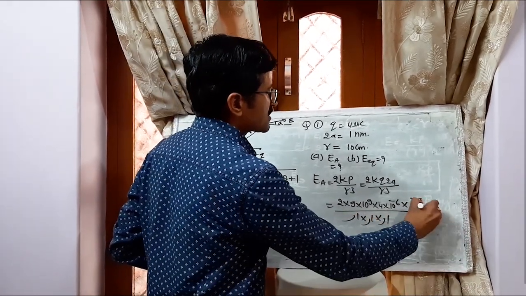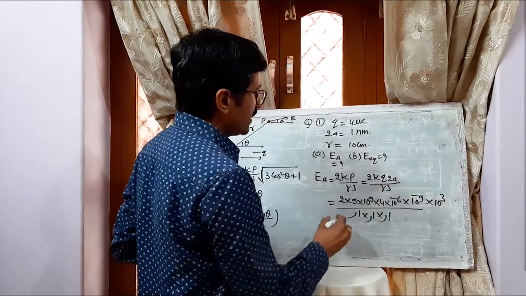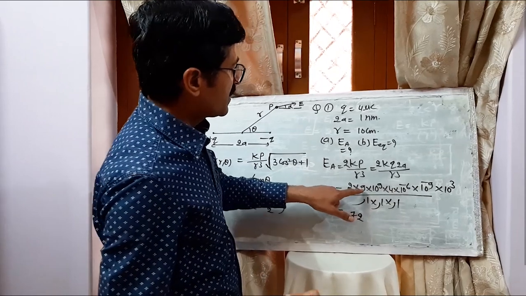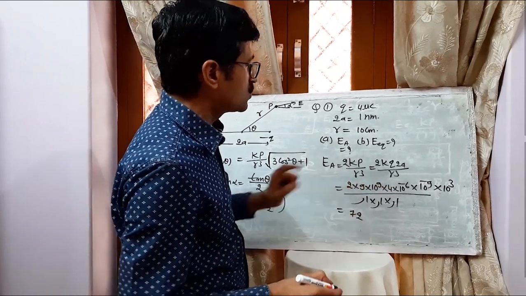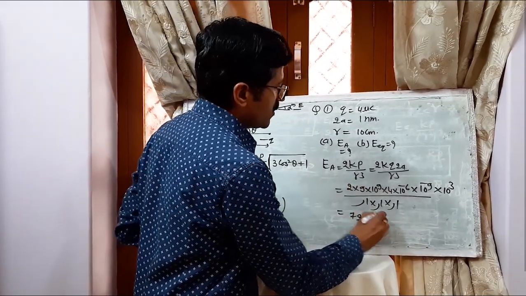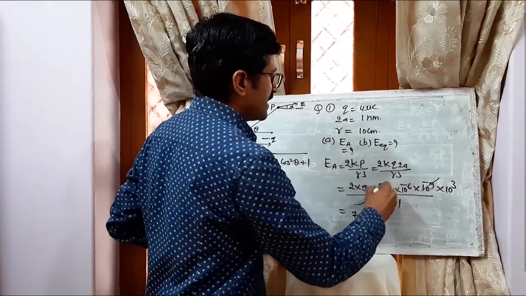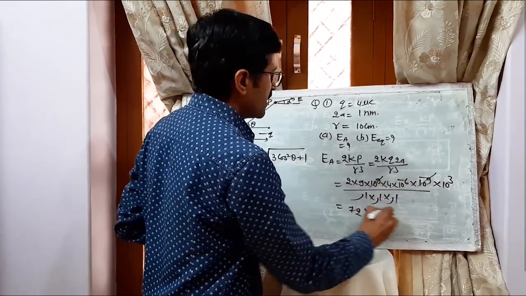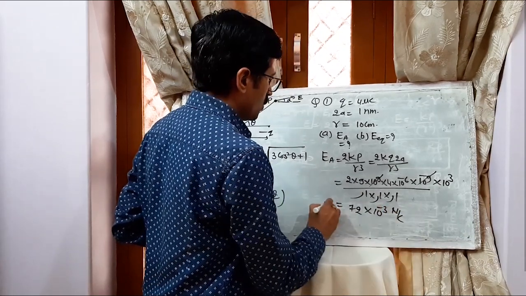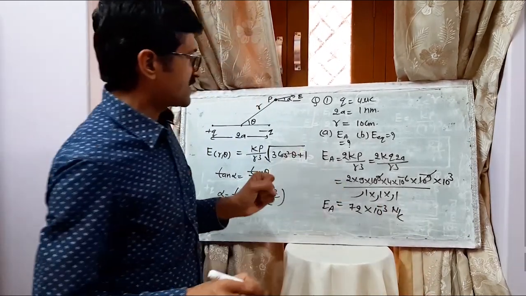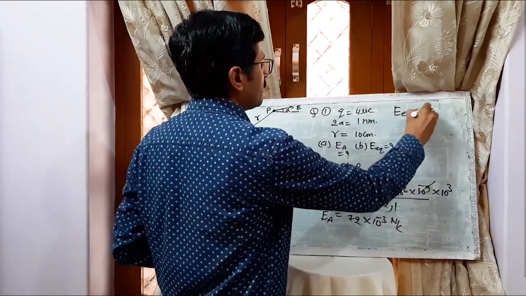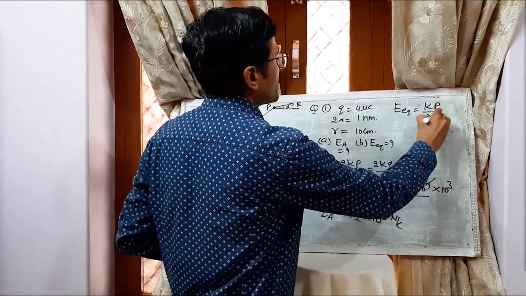Taking out the points, here it will become 10 to the power 3. It is 72. It is very simple. 9 4s are 36, 36 2s are 72 into 10 to the power, this 10 to the minus 9 and plus 9 will get cancelled, and here it will become 10 to the minus 3 Newton per coulomb. This is on the axis. Another is on the equatorial axis. E equatorial will be Kp upon R cube.